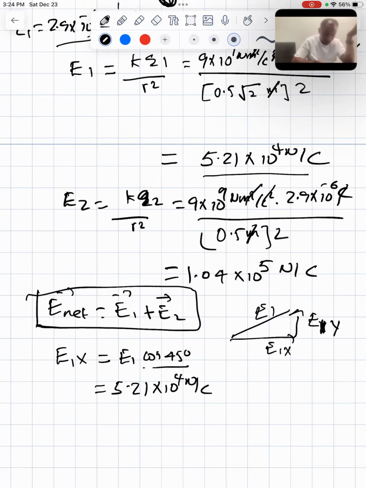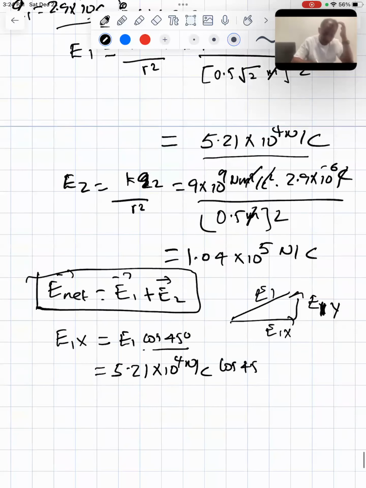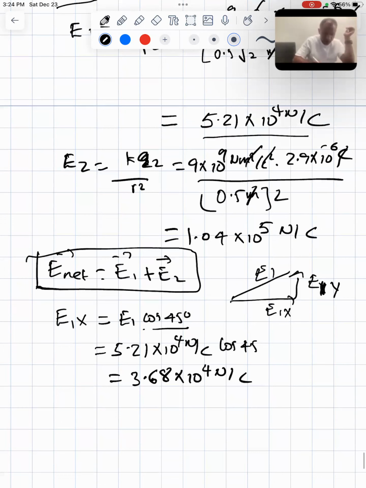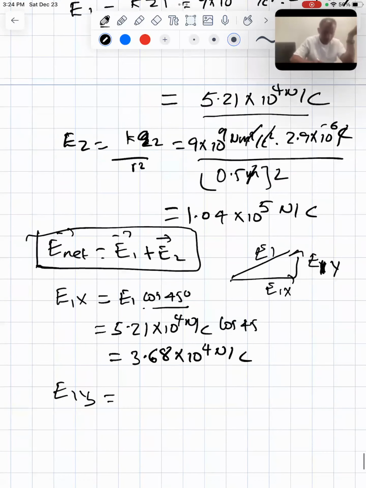Cosine of 45 is just 0.7 around that, and with the algebra you get 3.68 times 10 raised to 4 Newton per Coulomb. And this is E1X. From last time we learned, E1Y is E1 times sine of 45 degrees.